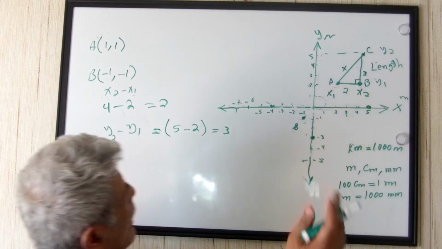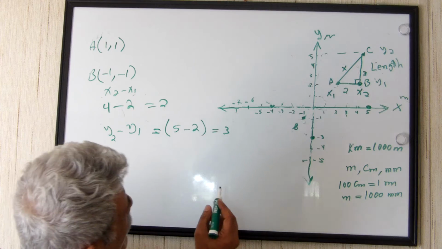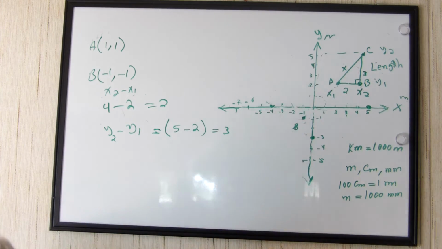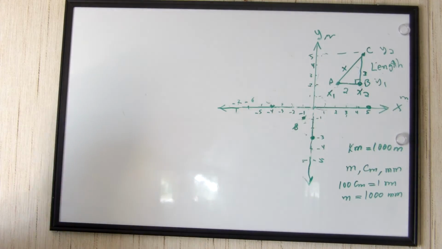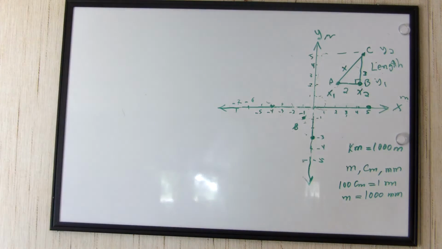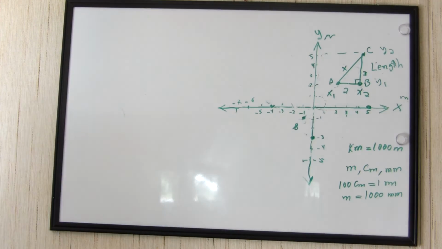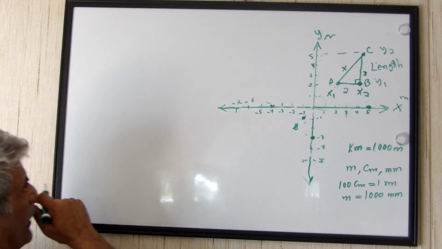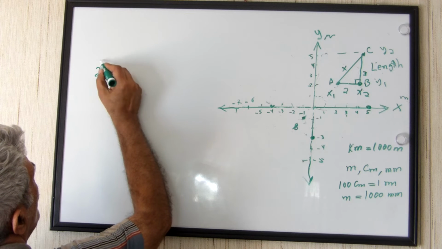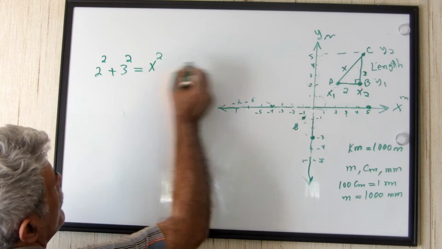This is x. The x is an unknown number, and we're going to find it. A to C. What is the length of x? We learned from the Pythagorean theorem that if you square each leg plus the square of the other leg, it is going to be the square of x, the hypotenuse. So 2 to the power of 2 plus 3 to the power of 2 is equal to x squared.